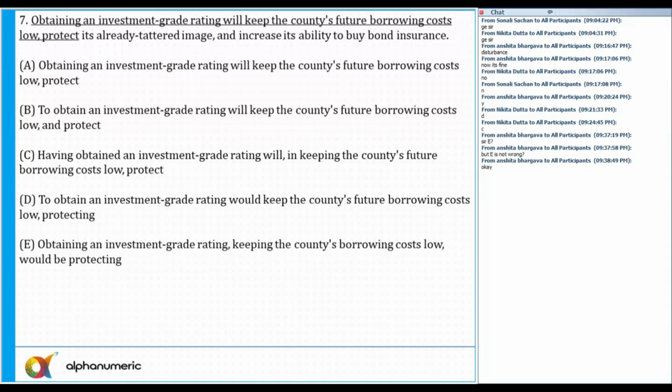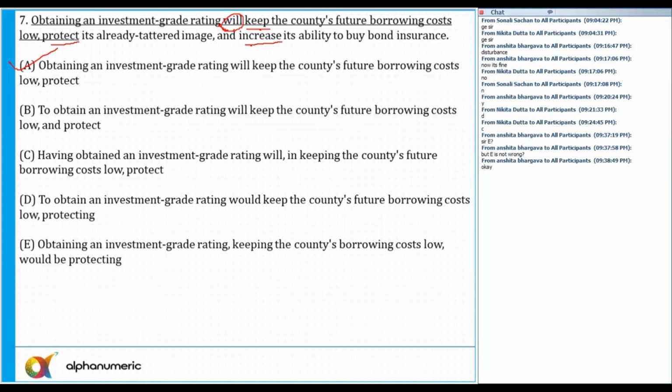Again, it will do three things: keep, protect, and increase. Will is common for all of them. They're all parallel. Again, I don't think there is anything wrong. Everything is all right. Okay. Answer should be A.